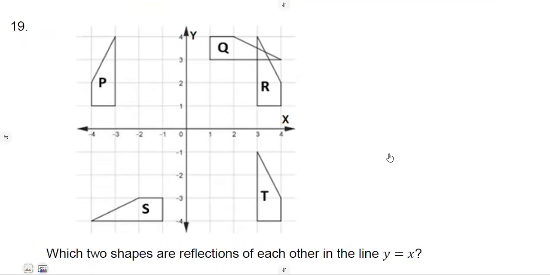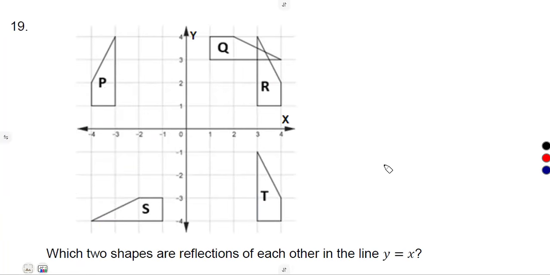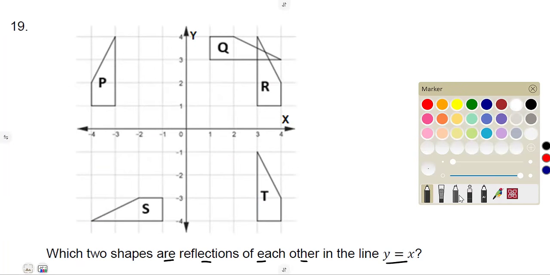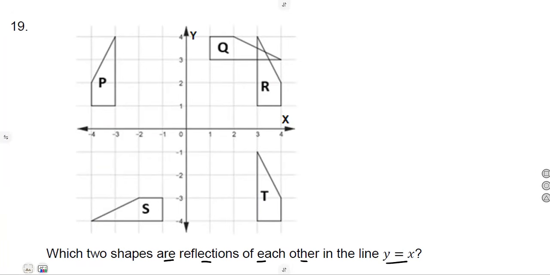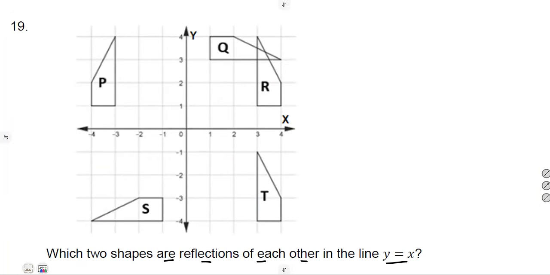Let's consider another question, which is 19. On question number 19, which two shapes are reflections of each other in the line y is equal to x? So remember, the line y is equal to x subdivides our graph into two equal parts like that. So let us just try to have a sketch of the line y equals x.